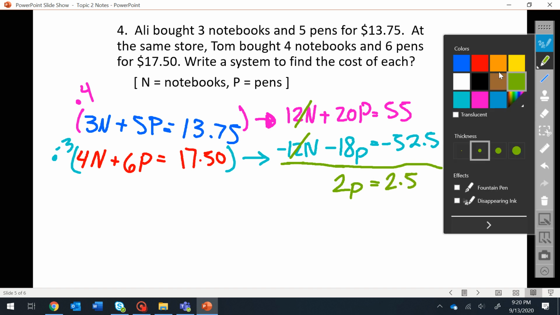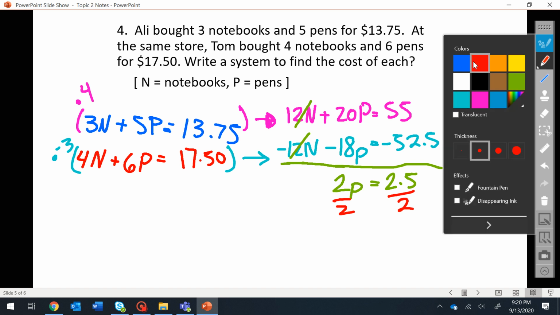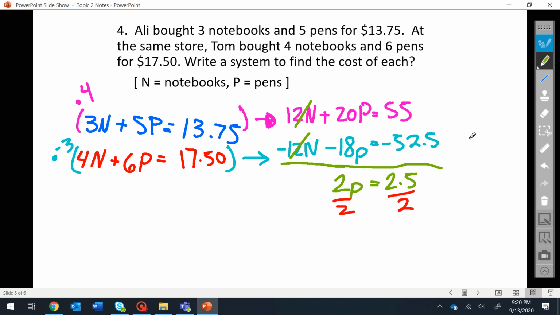And this is a one-step equation to solve for the cost of the pens. I just divide both sides by 2. So the pens cost 2.5 divided by 2, $1.25. Alright, the pens cost $1.25.